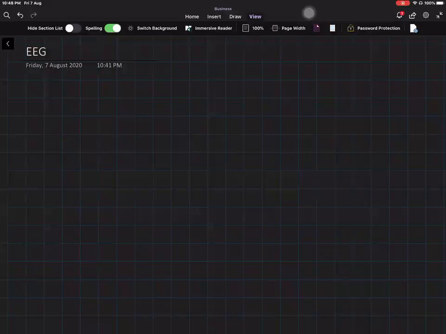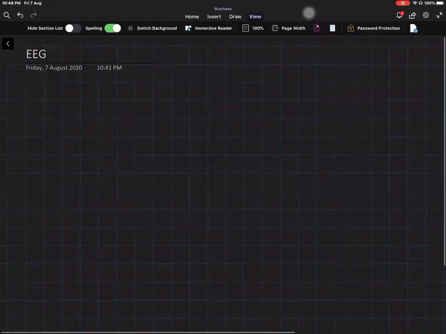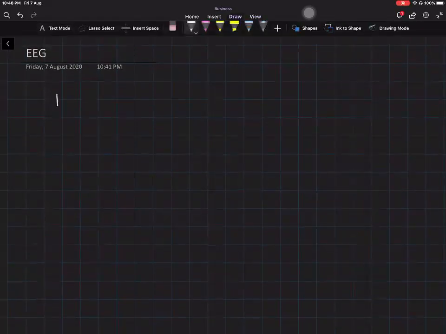So let's get started with the basics. EEG and MEG. What is the basic principle behind how an EEG works? Can anyone tell me?